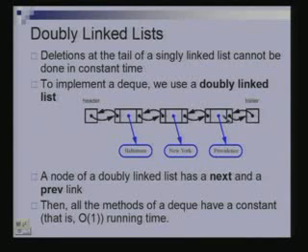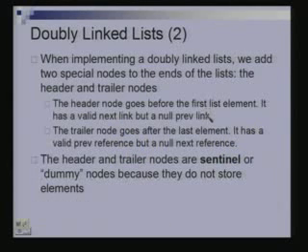How do I get to this element? I just follow the pointer once and I get to this element. How do I delete this now? Move to the previous node and set its next pointer to trailer, and set the previous pointer of trailer to this node directly. We will perhaps see a slide on this one.